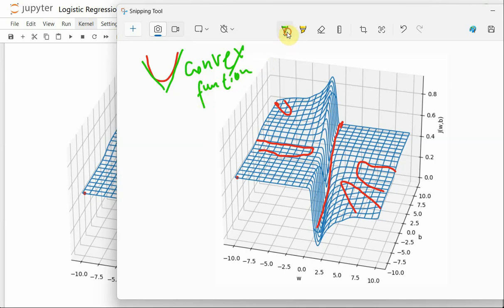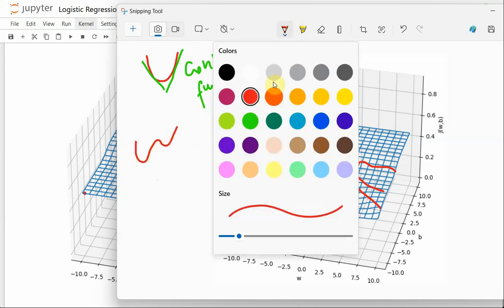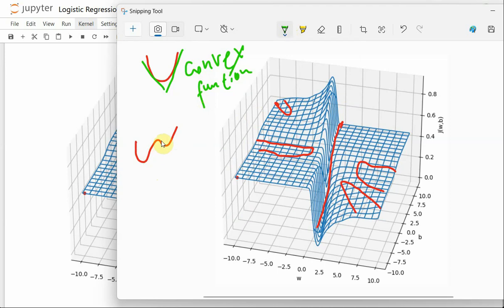Now let's consider a different function, let's say, which behaves like this. Now we can draw a tangent line which will actually split the function, having some function values to the left of the tangent line and other function values to the right of the tangent line. So this function is called non-convex.